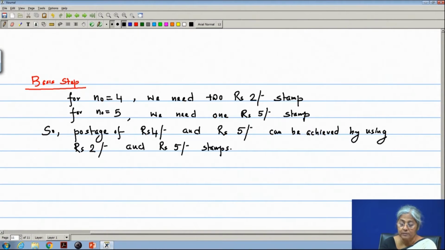So, our basis step is true. So, our Sn0 is true. Our basis step is true.